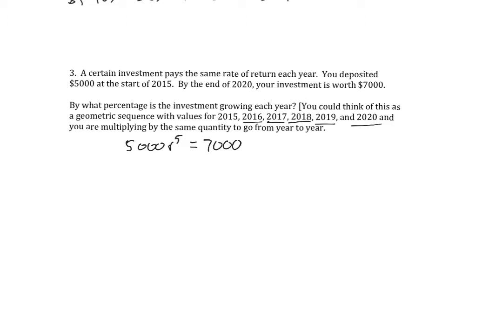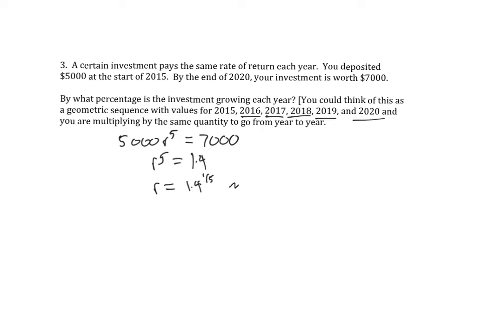So 5,000 r to the fifth equals 7,000, which is to say that r to the fifth is equal to 1.4. R is equal to 1.4 to the 1 over 5, or the fifth root of 1.4, which is about equal to 1.0696, which means that our investment is increasing at a rate of approximately 6.96% per year.